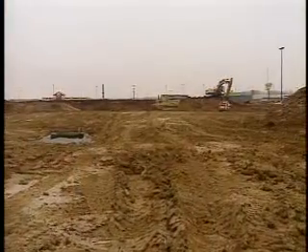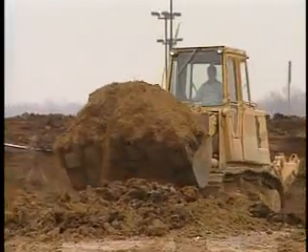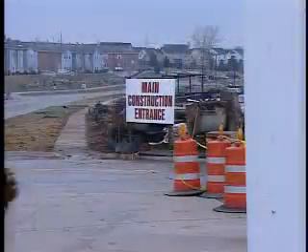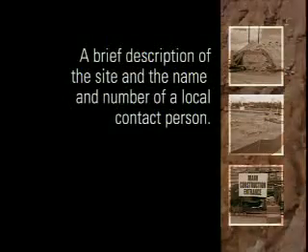After the NOI form is filed, the local stormwater authority will authorize coverage under the NPDES General Permit. Also, the NOI or permit authorization should be posted at the entrance of the project site with a brief description of the site and the name and number of a local contact person.